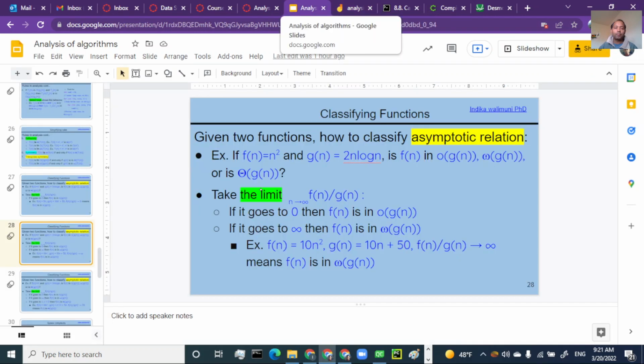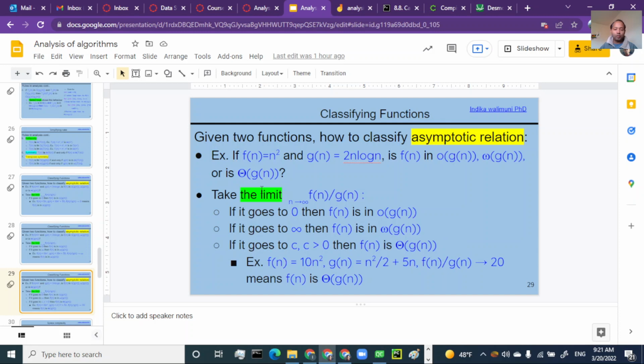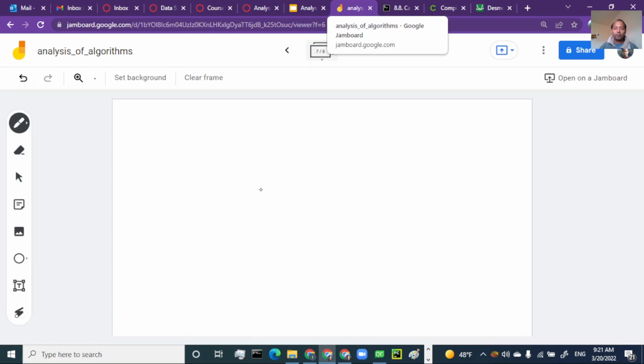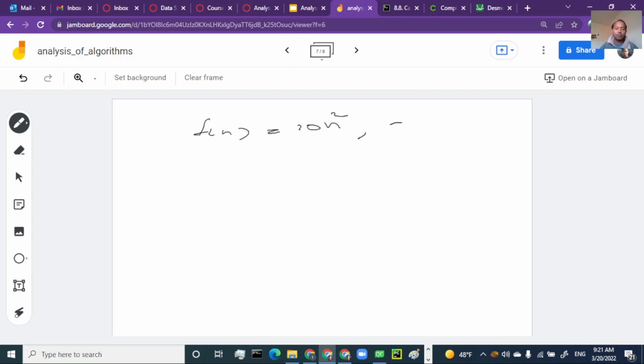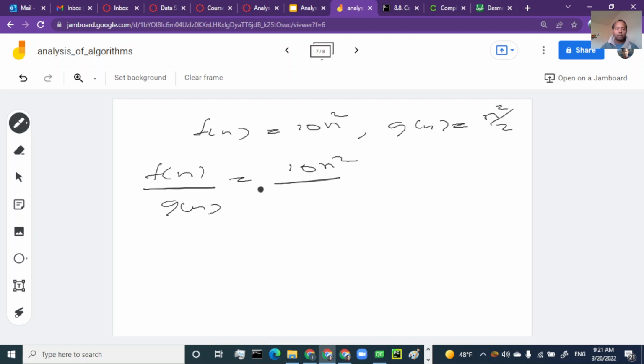Next example. We have this one. 10 n to the 2, and then n to the 2 by 2. So Fn equals 10 times n to the 2, and then Gn equals n to the 2 by 2. And you can clearly see that the ratio of the two functions, 10 n to the 2 by n to the 2 by 2, so n to the 2 cancels out.